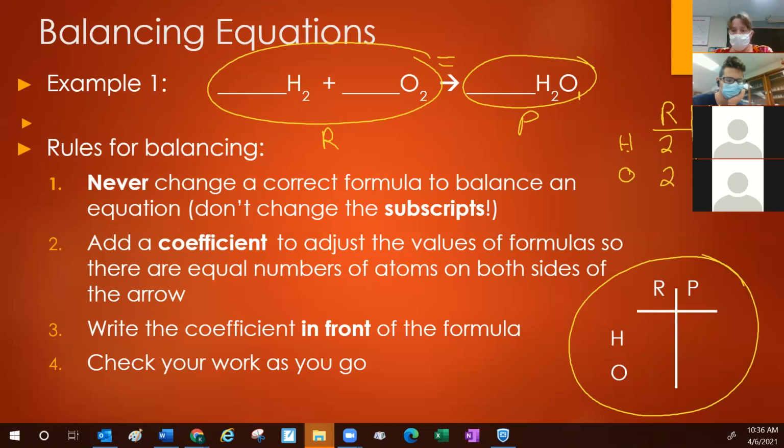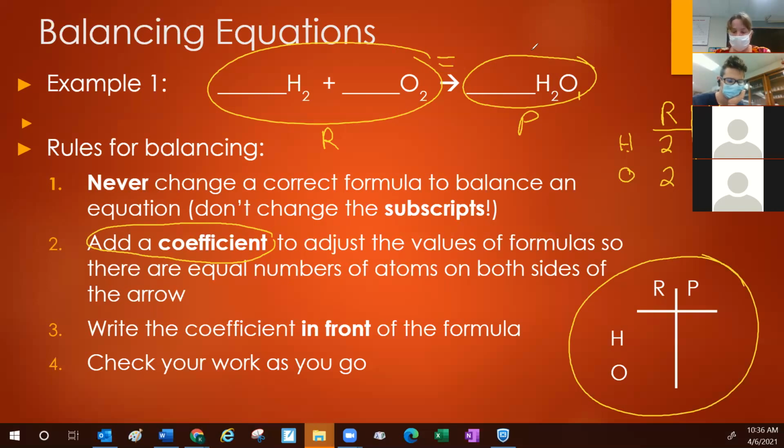The only way to make them equal is by adding coefficients, or big numbers, in front of the element or compound symbols. This is very important. You never, ever, ever add or change subscripts.